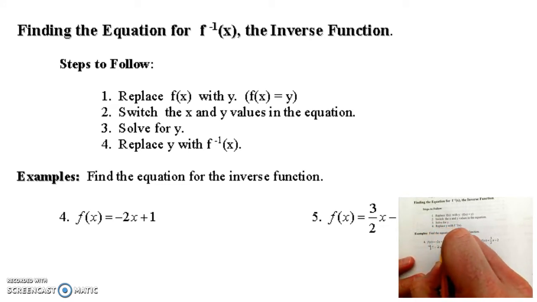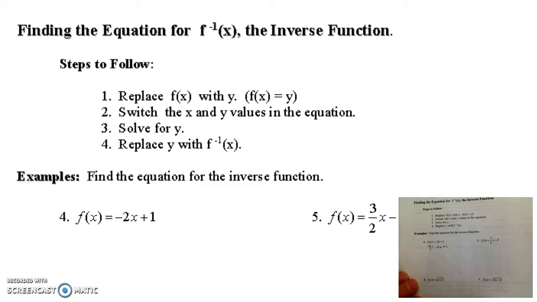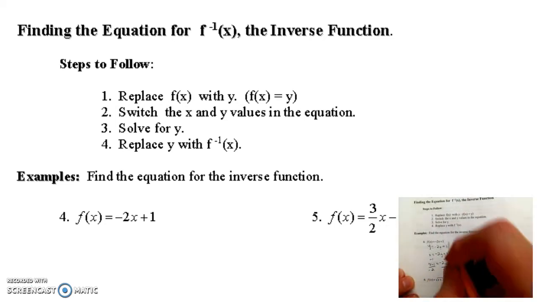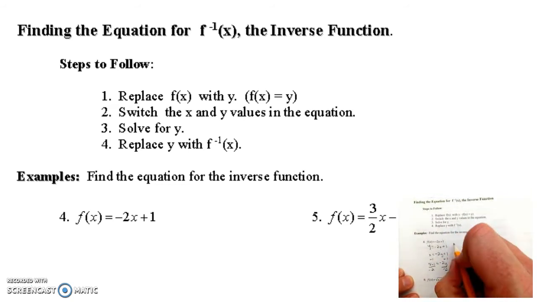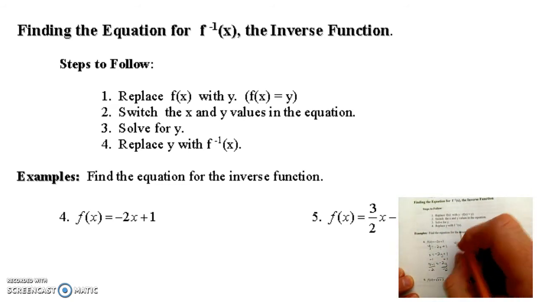y equals negative 2x plus 1. Okay, we're going to change the x and the y. x equals negative 2y plus 1. Now our job is to solve this new expression for y, trying to get y by itself on one side of the equal sign. So I'm going to subtract 1 on both sides. x minus 1 equals negative 2y. Divide by negative 2. So negative 2 divided by negative 2, that's just 1, so I have 1y.